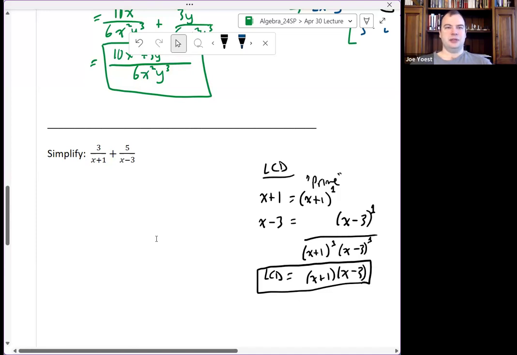We break down into the smallest factors, the prime factors, and then we build our LCD from there. In this case, in the sense of polynomials, our denominators are just prime. They're equivalent to the idea that if we just had prime numbers like 1/3 plus 1/5, our LCD would be 3 times 5. If we have 3 over x plus 1 plus 5 over x minus 3, our LCD is just x plus 1 times x minus 3.